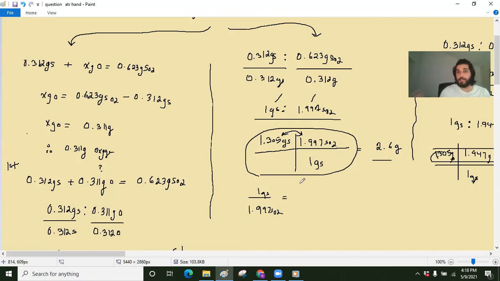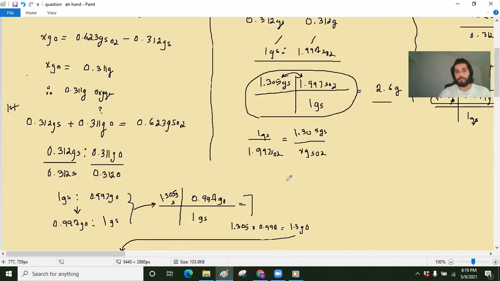And then equate it to the second situation, which says, what if I had 1.305 grams of sulfur, how much sulfur dioxide does that make? X grams of sulfur dioxide. And in doing so, you could solve for X.